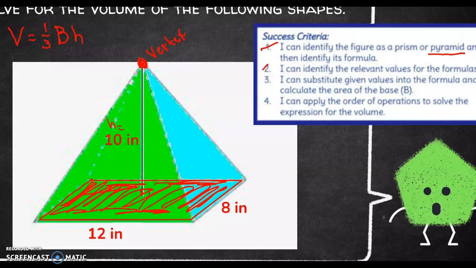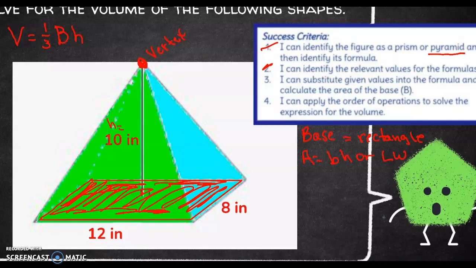That's the first thing I'm going to focus on, the base. So I've identified that. So next, I know that my base, put it over here to the side, is equal to a rectangle. And the formula for the area of a rectangle is equal to little b, which is a small base, times the height, or it could also be written as length times width.